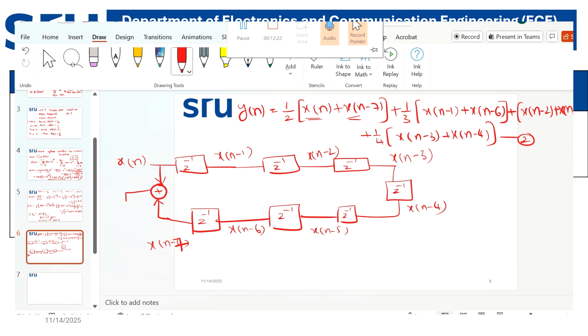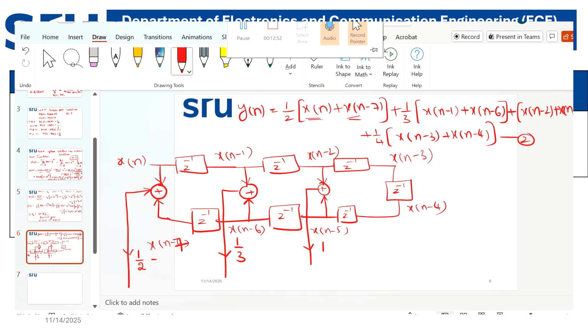And the coefficient for this is 1 by 2. Next, add x of n minus 1 with x of n minus 6 with the adder and represent the coefficient. What is the coefficient here? 1 by 3. Now, x of n minus 2 plus x of n minus 5, and the coefficient for this is 1.